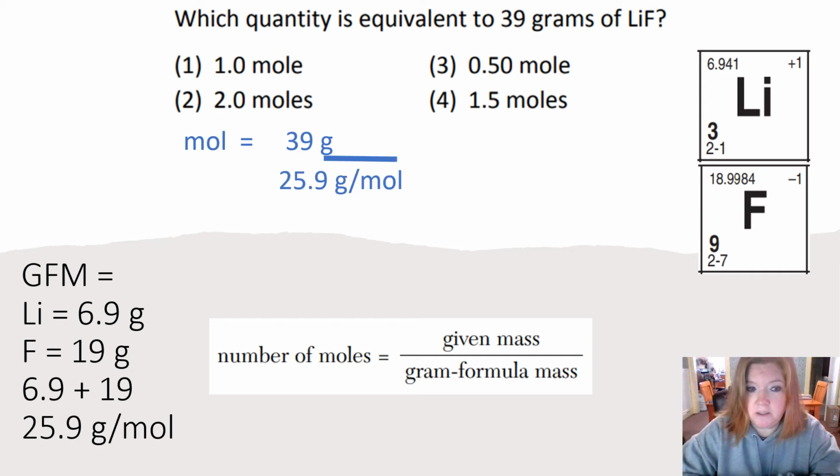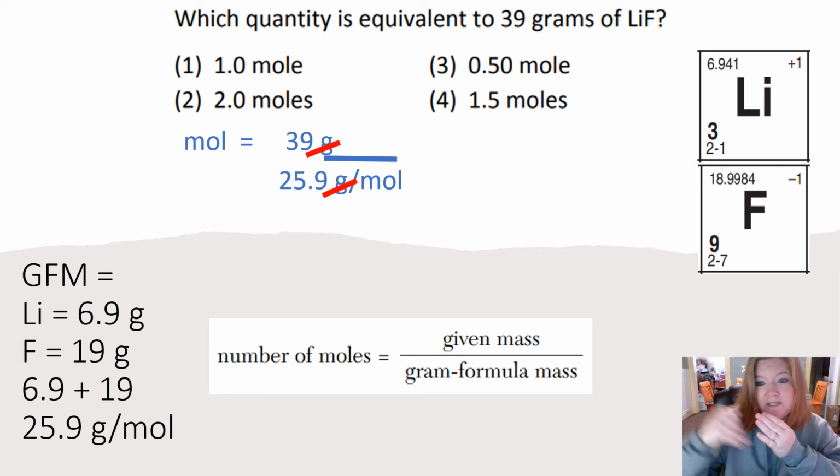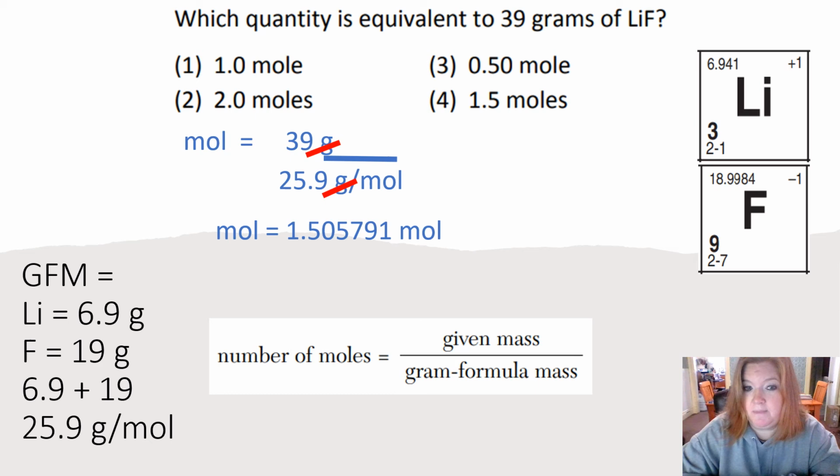We were given 39 grams and we just calculated the gram formula mass. Grams cancels out. It's left with per moles, but remember, per means it's on the opposite side. So if it says on the bottom, it's actually on the top. So I'm left with this, which is really that. There you go.